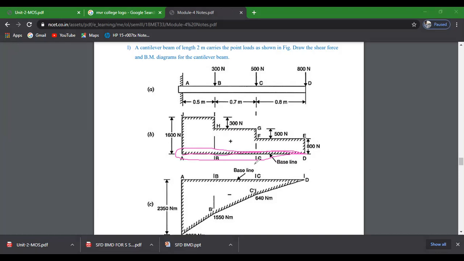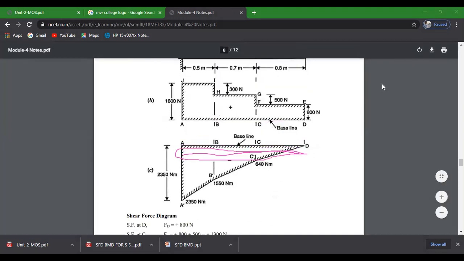how do we represent the loads? Shear loads are represented with vertical lines. Okay, and here the bending moments are represented by inclined lines.